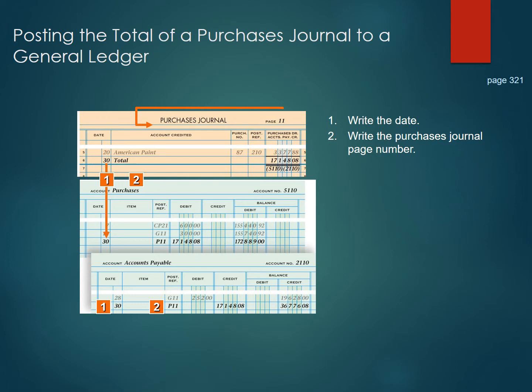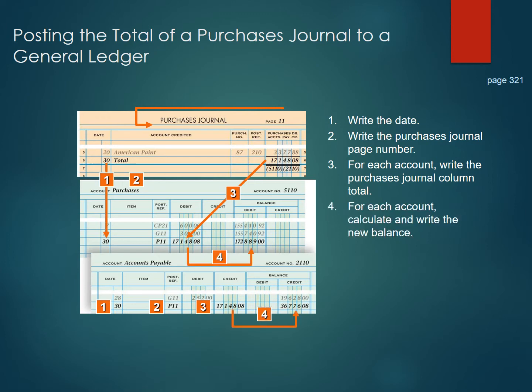We will record the debit amount of $17,148.08. We will then calculate our new balance for purchases and then go back to our purchases journal, and in the purchases debit accounts payable credit column, underneath the double ruled lines, in parentheses, record our account number.